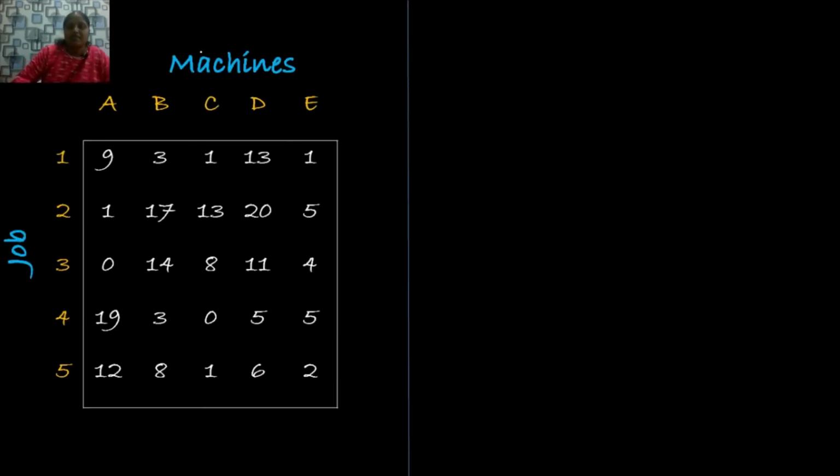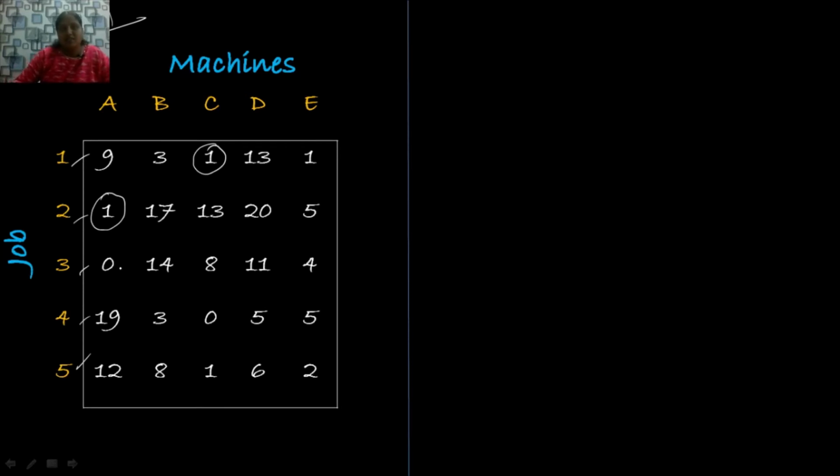As step 1, we have to check whether each row has at least one 0 element. Look at the first row, it doesn't have any 0 element. If so, we pick up the minimum element from each row and subtract it from the corresponding row entries. The minimum element in the first row is 1. Look at the second row, it doesn't have a 0 element, so we pick up the minimum element. 1 is the minimum element.